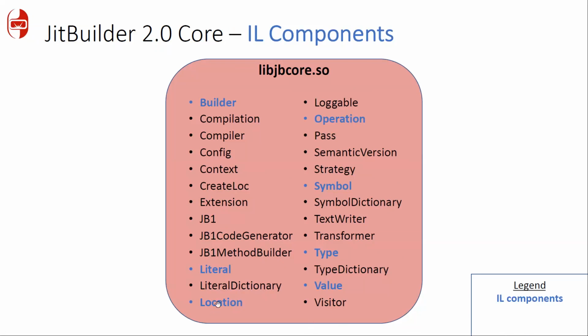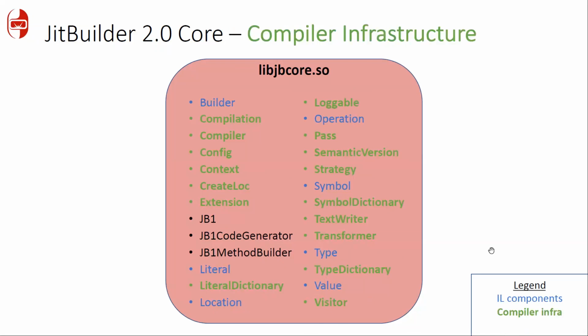Location is a way of specifying source code locations, identifying parts of the IL with the source code location that they came from. And there's a bunch of infrastructural components: a symbol dictionary holds symbols, a literal dictionary holds literals, a type dictionary holds types.